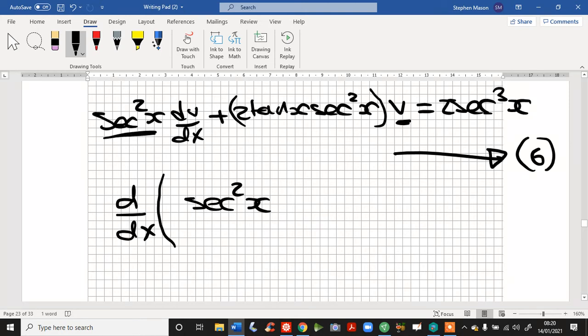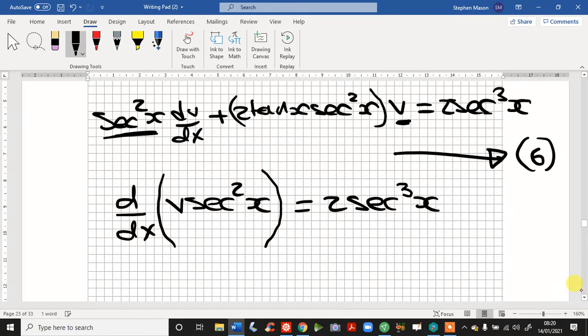So we always take this part and then this part and write them down in this form like so. And that is equal to 2 sec cubed, isn't it? 2 sec cubed x. And we call that equation 7.